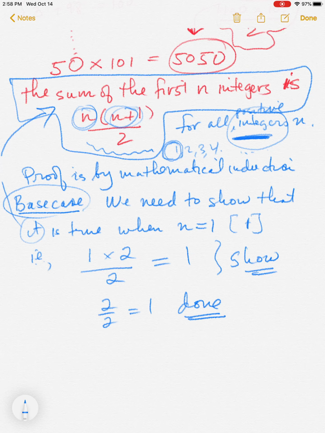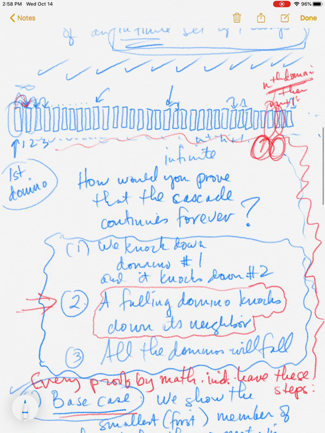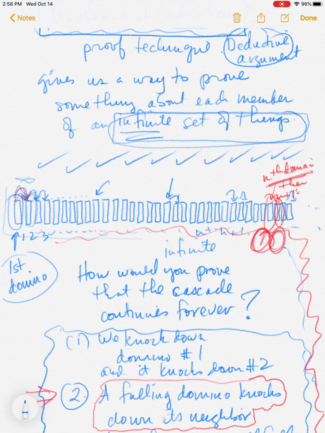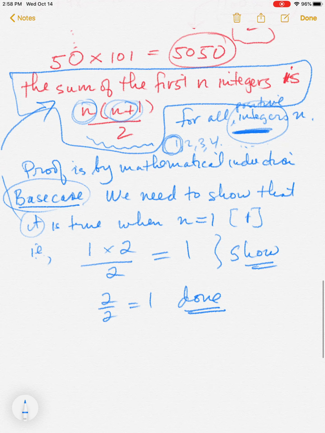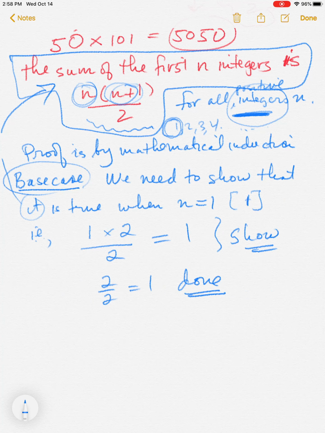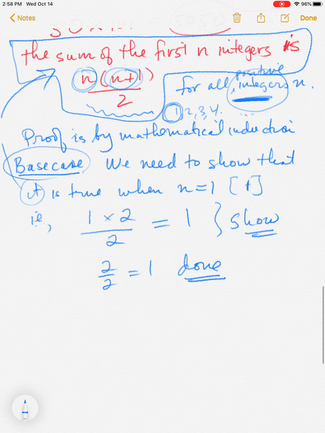So what we've done, going back to our domino metaphor, we showed the first guy's got the property. The first guy in this set is the first member of the set of positive integers, 1. So yeah, the sum of the first 1 positive integers is 1. Okay, done. All right, so the next step, which is not as trivial, is the inductive step.